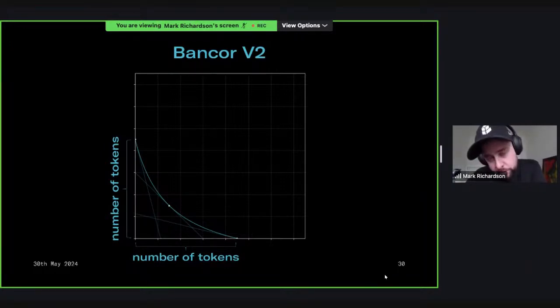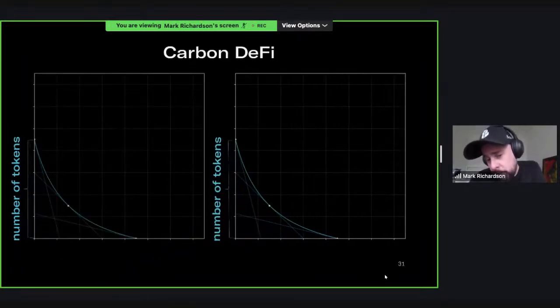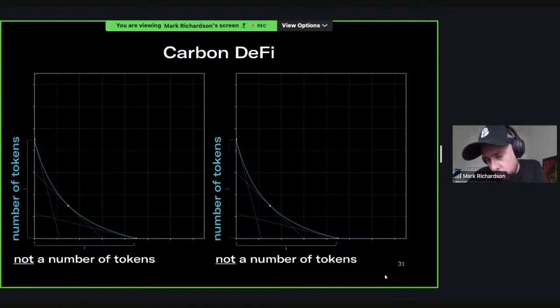So again, with reference to the Bancor V2 formula, we have the system that you're familiar with, number of tokens on both the X and the Y axis. By convention, in Carbon DeFi, the only axis that refers to a token balance is the Y axis, and the X axis refers to, if you like, a token delta.